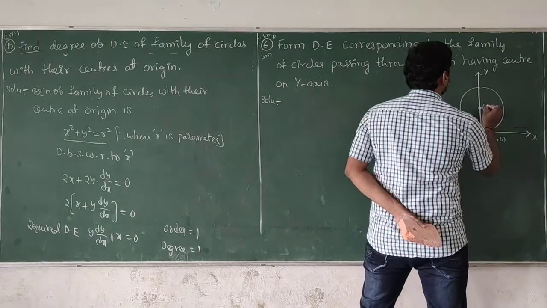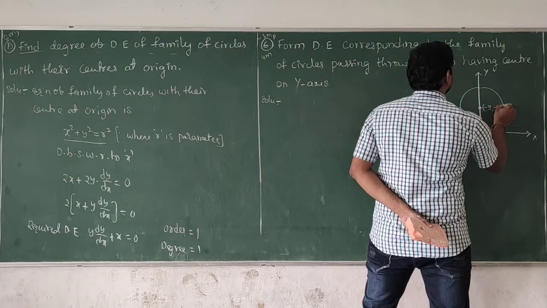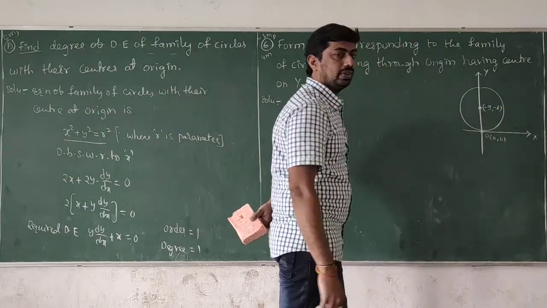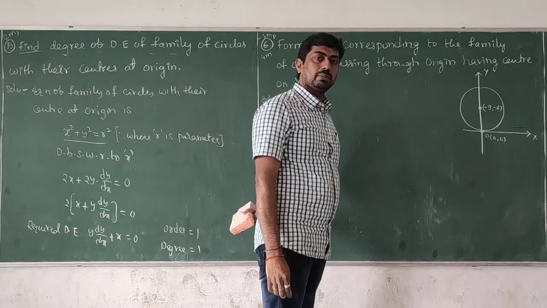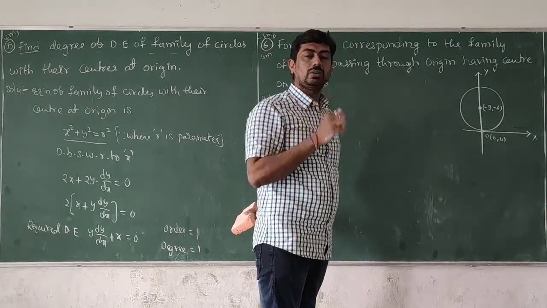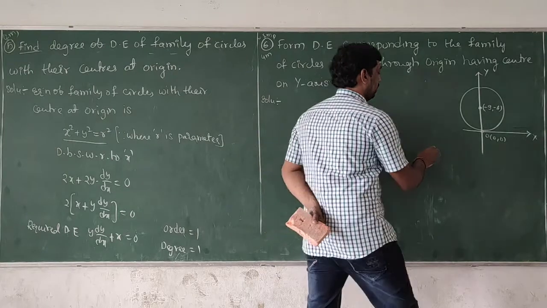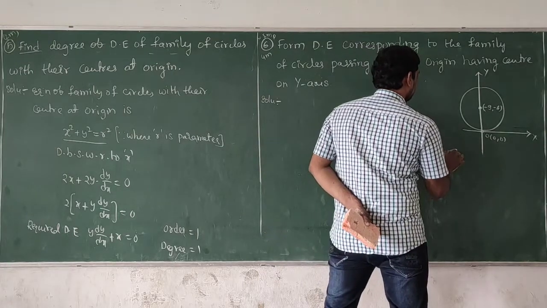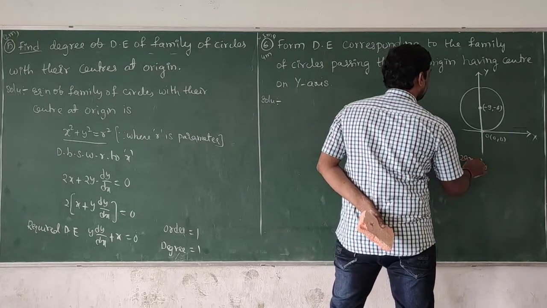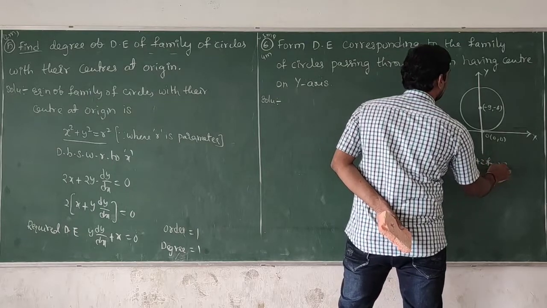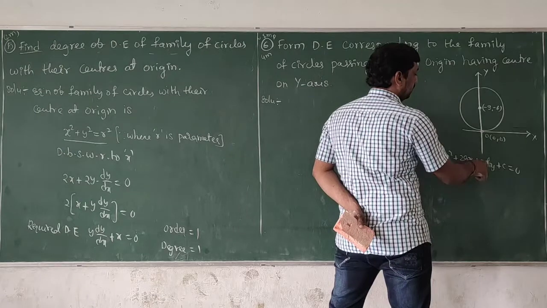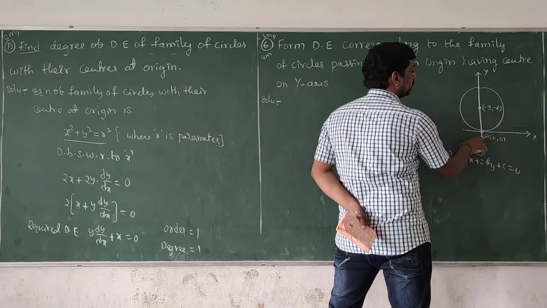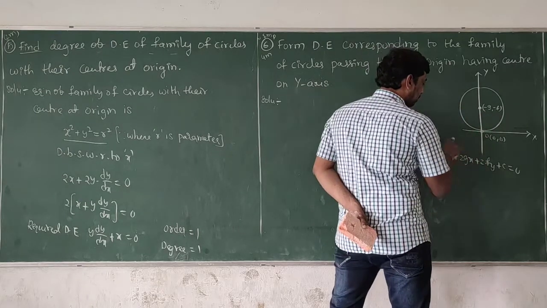Generally, if you take the general form of the circle equation, what is it? x square plus y square plus 2gx plus 2fy plus c equal to 0. Clearly, if the circle is passing through the origin, then substitute in this equation.